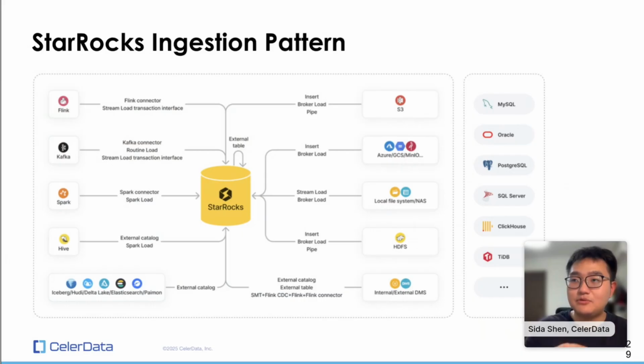Basically, we're able to directly read external data lake metadata, so we can read the data. You can do a gigantic INSERT INTO and batch load a lot of your data lake data into StarRocks for faster query performance. We also have Broker Load for data in S3. For operational data sources, if it's CDC, you can use Flink to do that.